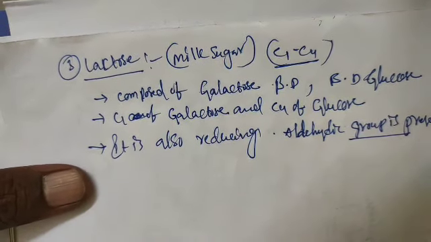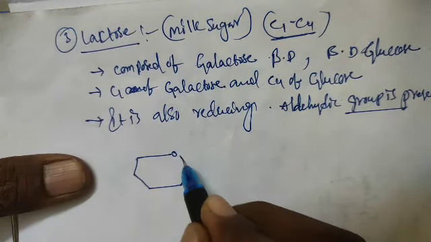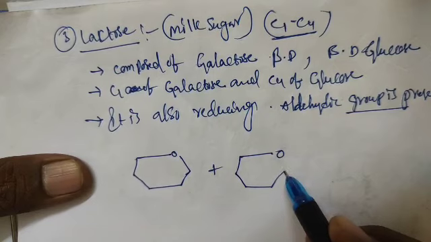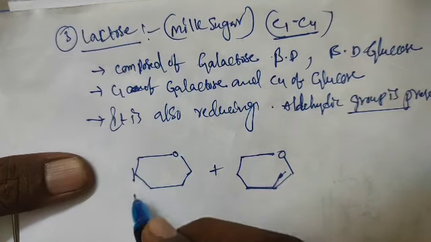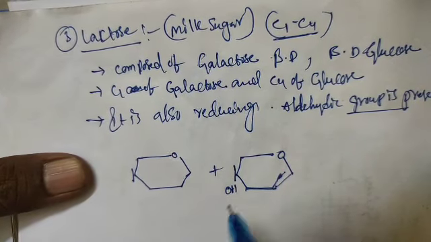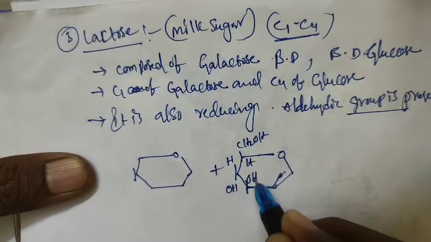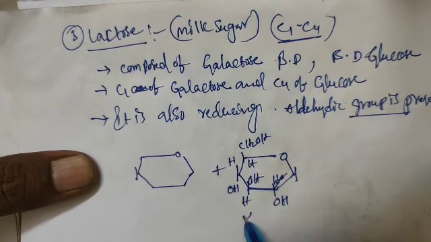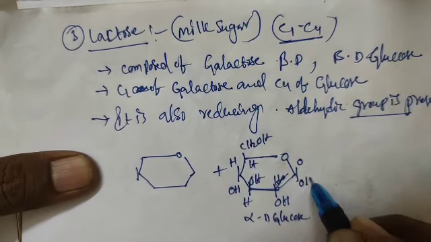So I will draw the diagrams. Galactose is like glucose, but the OH group is different. Both are 6-membered rings only. Generally glucose has, on this side the 5th carbon, then 1, 2, 3, 4th carbon, OH down is there, H above is there, CH2OH here, H here, OH here, H, OH, H. But here this is alpha D glucose, OH down is there, H up.